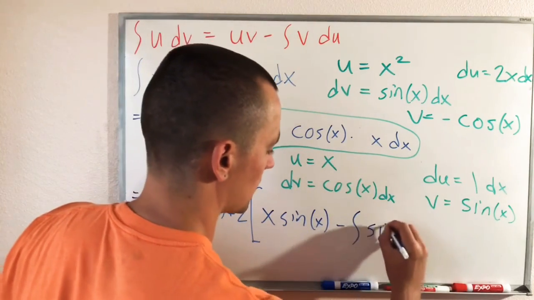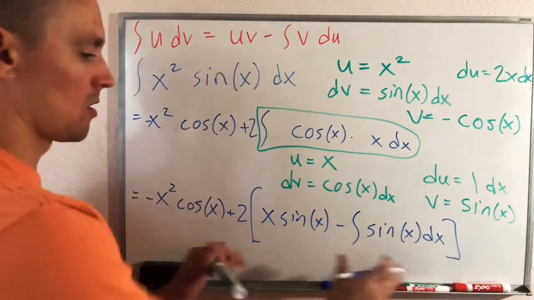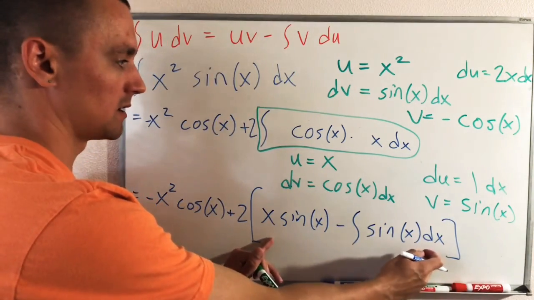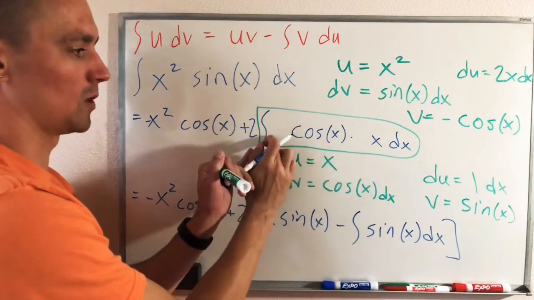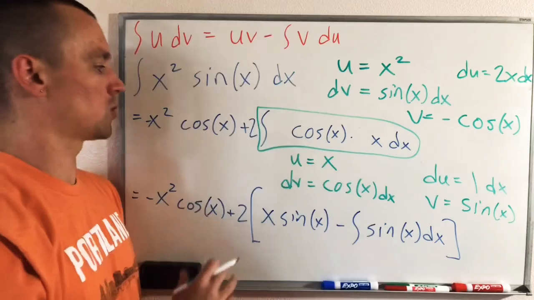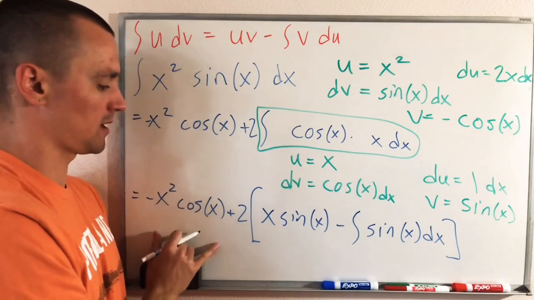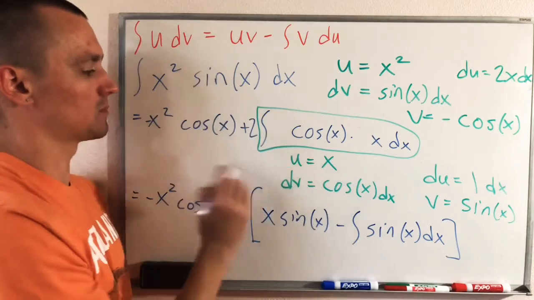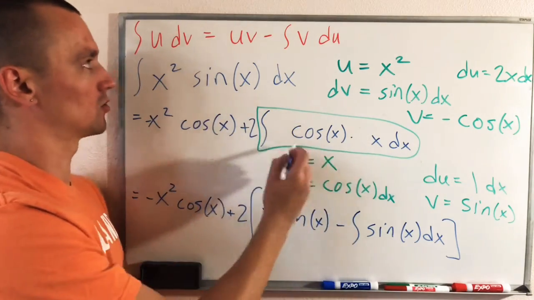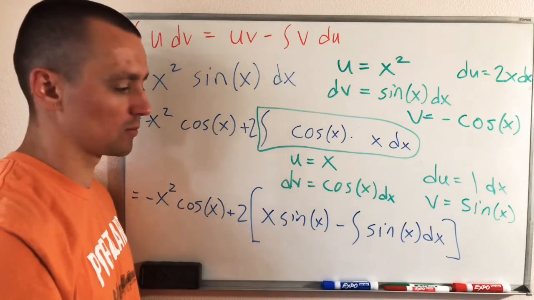So we're just going to have sine x dx. So now this stuff in the brackets here just replaces what this integral was up here. So we've kind of applied integration by parts twice. You got to make sure to keep this stuff out here and kind of carry that down, because integration by parts just tells us that this integral is equivalent to this stuff that should give us a simpler integral.